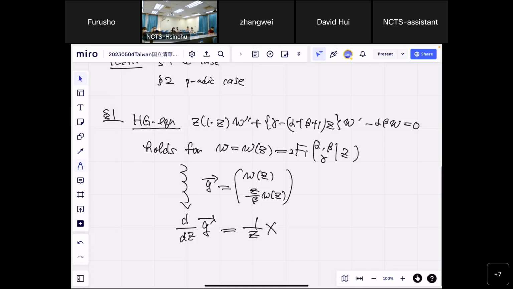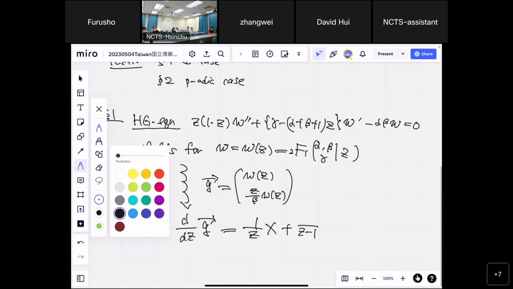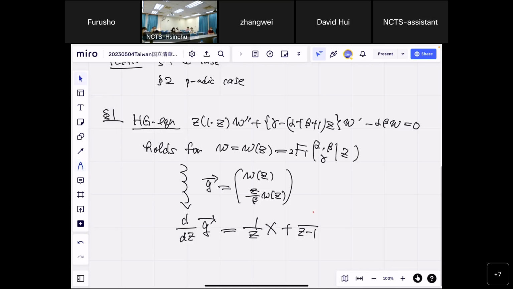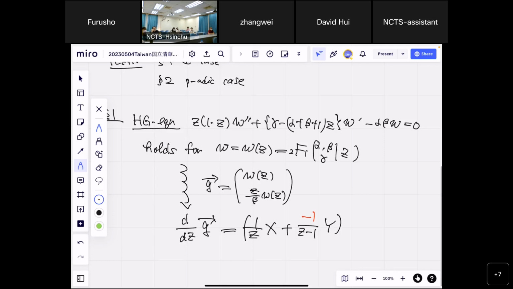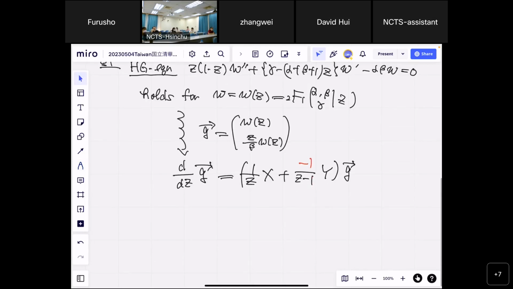Here X is a 2 by 2 matrix. You can reformulate the hypergeometric differential equation this way.